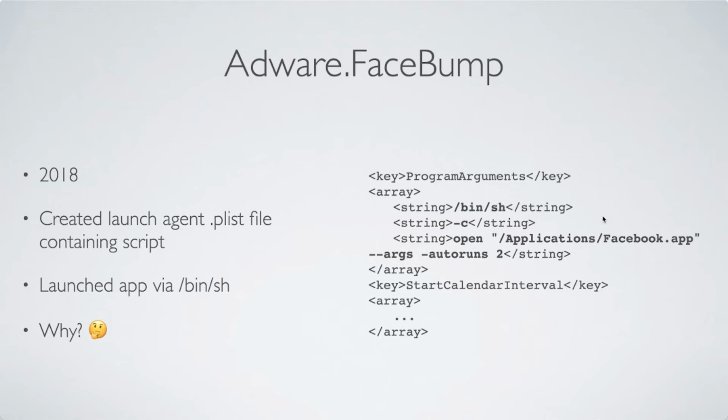So it's a good question. Why did they do it this way? Most likely, whoever created this was not all that familiar with Mac and really didn't understand how launch agent plists worked. So they did it this way. No real reason. But it does give you something interesting to look for. If you see launch agent or daemon plists doing this kind of thing, that's a red flag.